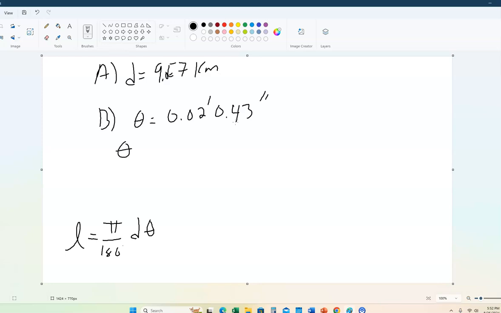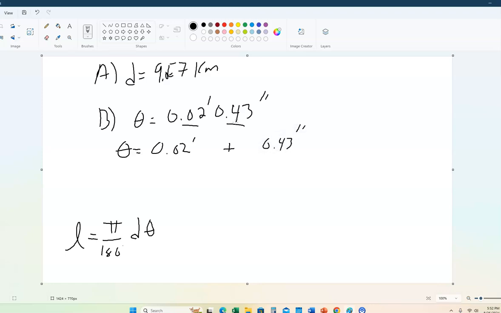So theta is equal to, and remember, this is like a compound but very, very small angle. It's a compound angle because it's made of arc minutes and arc seconds. So it's going to be 0.02 arc minutes and 0.43 arc seconds.